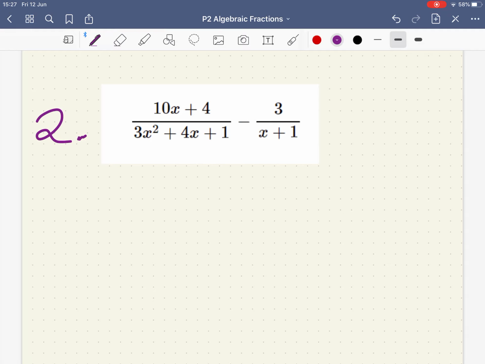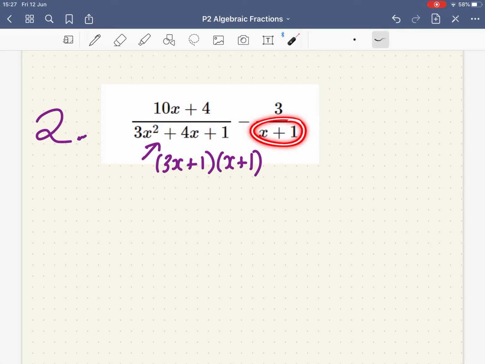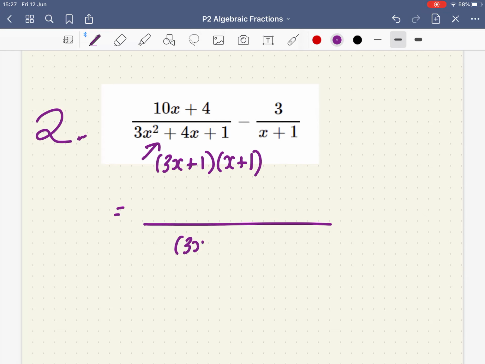Good. So I'm going to begin by factorising this denominator here. And this factorises into 3x plus 1, x plus 1. Okay. And now I'm going to work out that my common denominator, for these two things, is going to be 3x plus 1, x plus 1. So it gives me 10x plus 4 at the top, minus 3 lots of 3x plus 1 there.